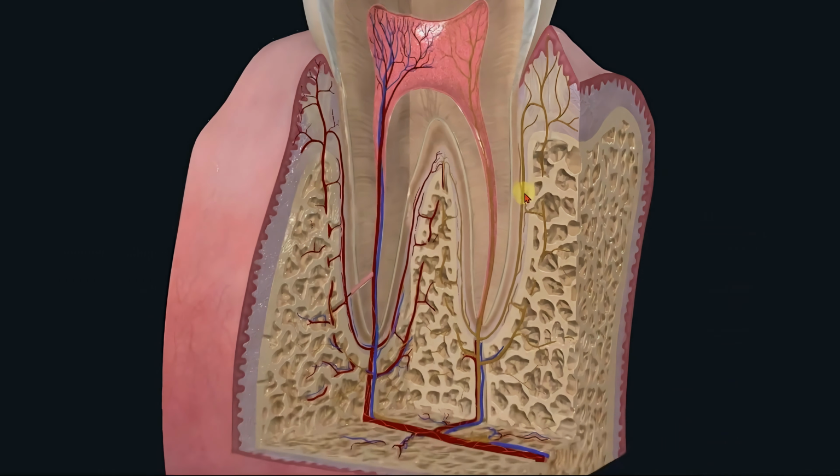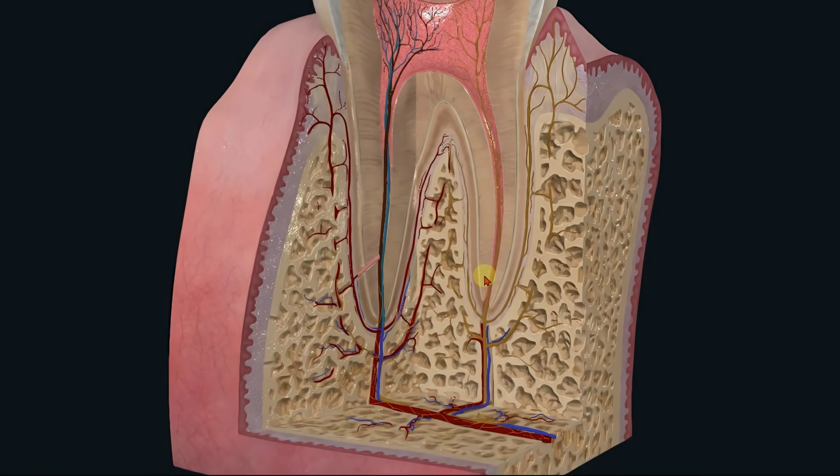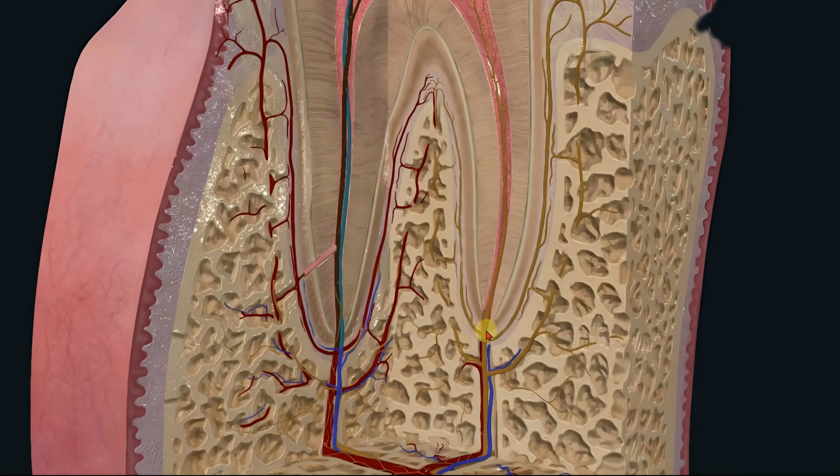Now, where do these nerves and blood vessels come from? From this spot. You can see, at the very bottom of the root, there's a tiny opening. See, there's a small hole right here. This tiny opening is called the apex. Blood vessels and nerves enter the pulp cavity through this opening.